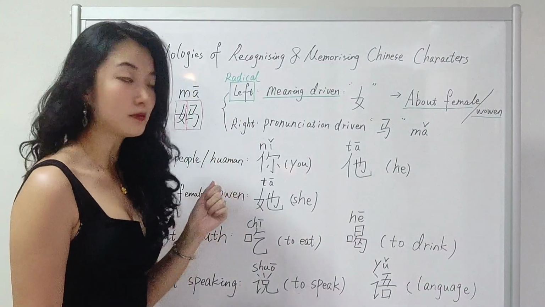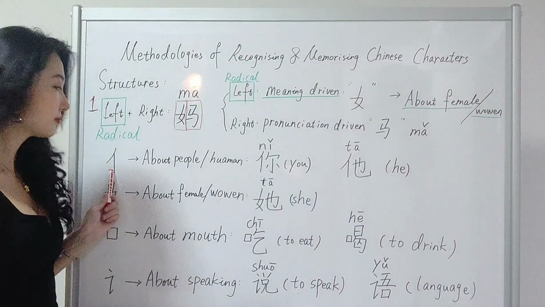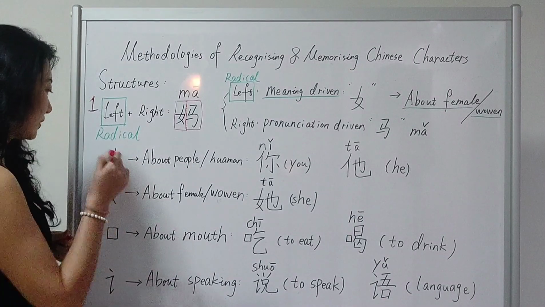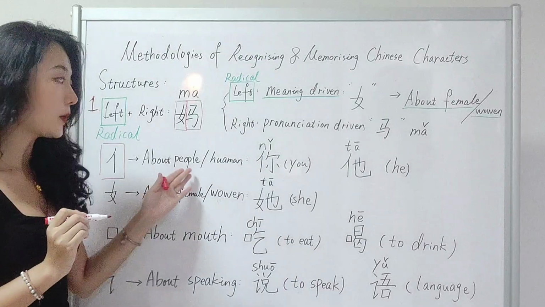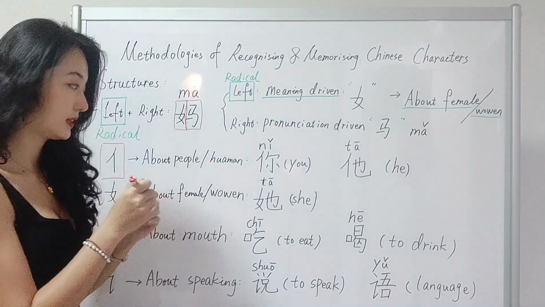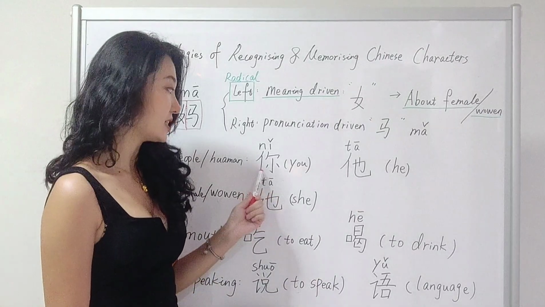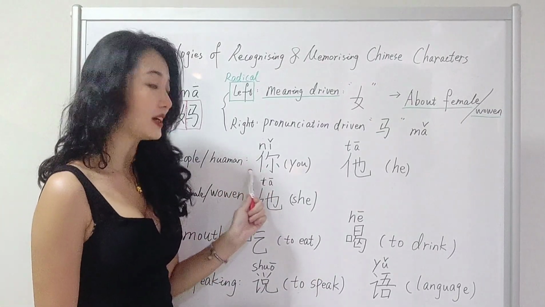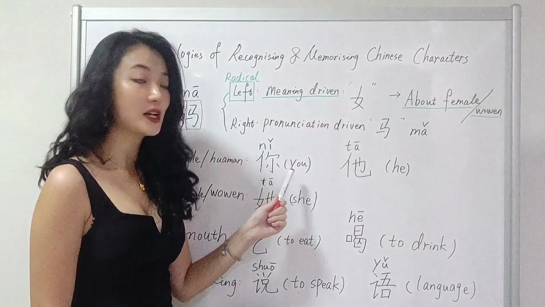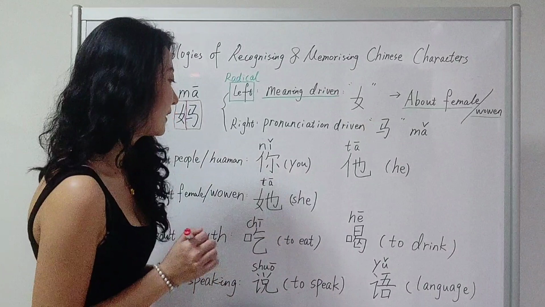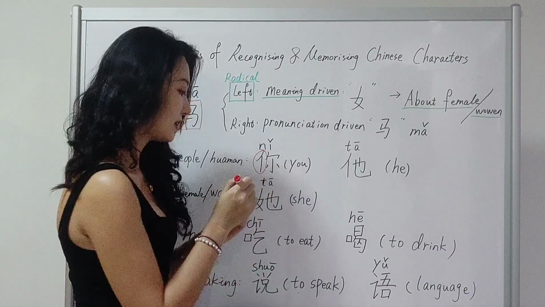Let's take several examples as follows. First one, here, this radical means about people or about human. This one is a very commonly used Chinese character. Pronunciation is ni, ni. It means you. Okay, so left part means human related.